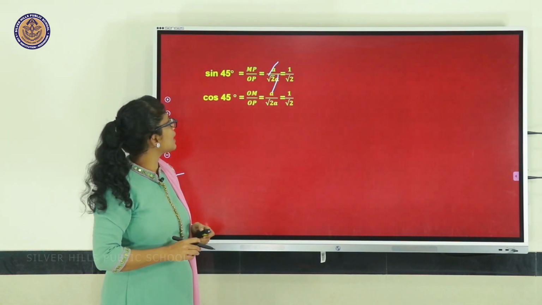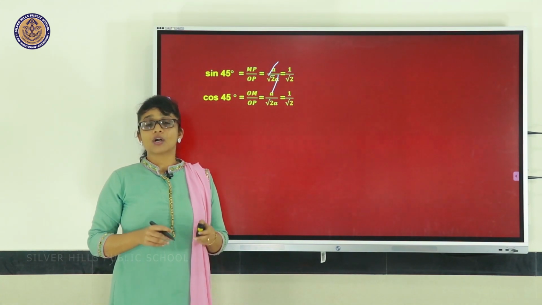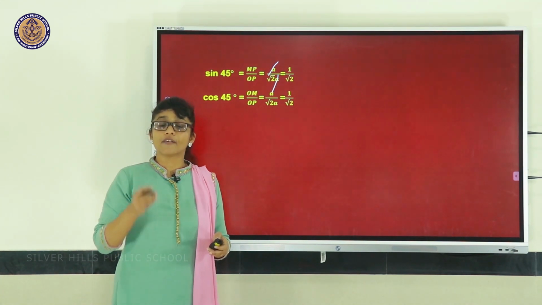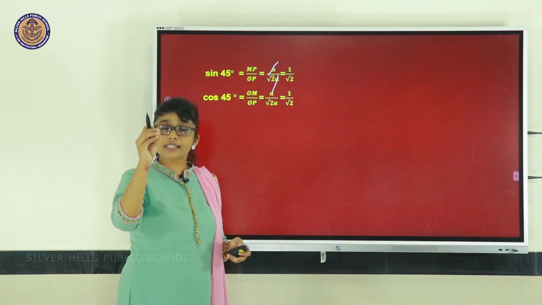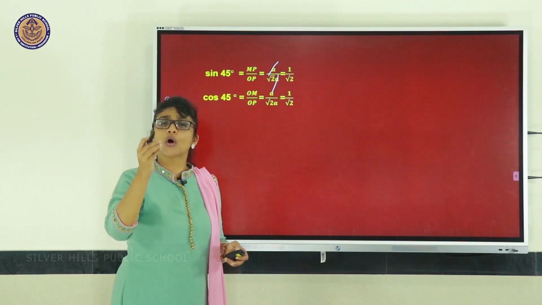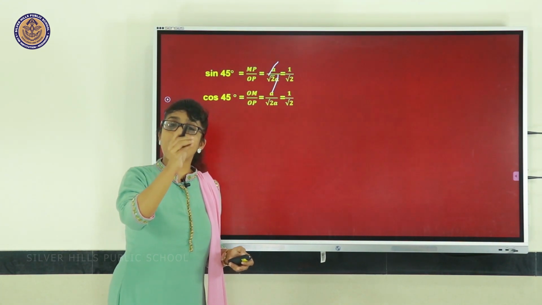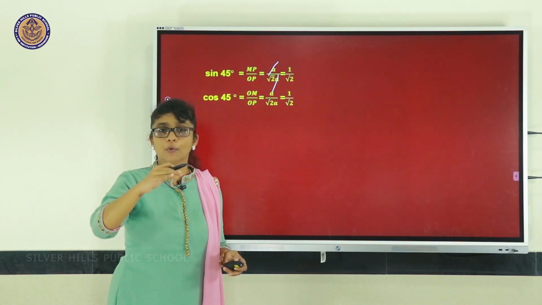And the next one is cos 45. Cos theta we studied as adjacent side by hypotenuse, or adjacent to angle theta by hypotenuse.